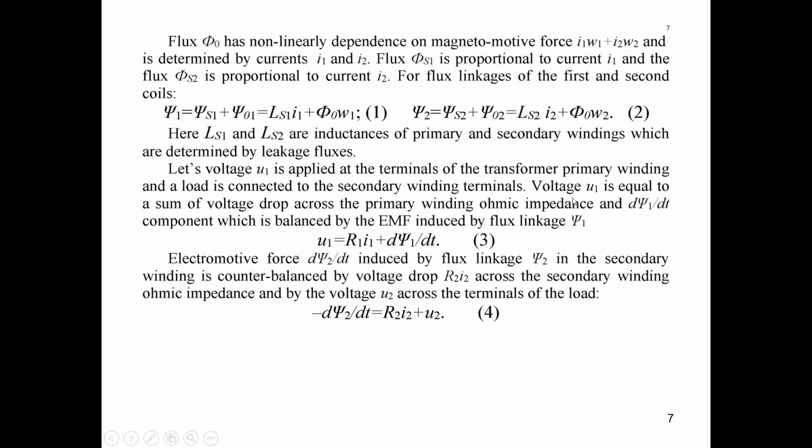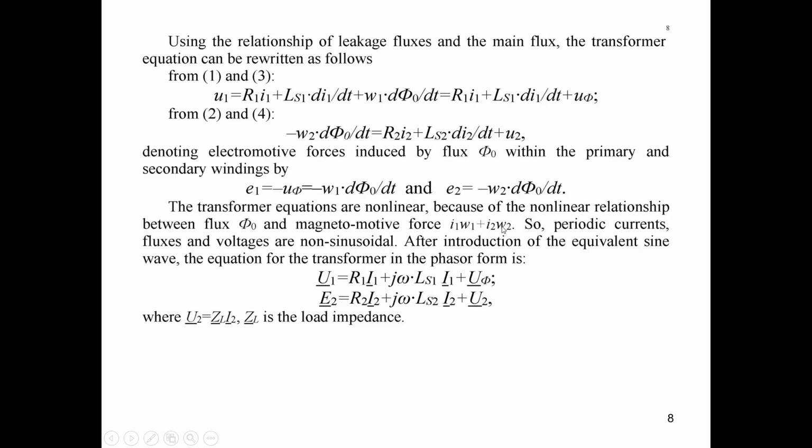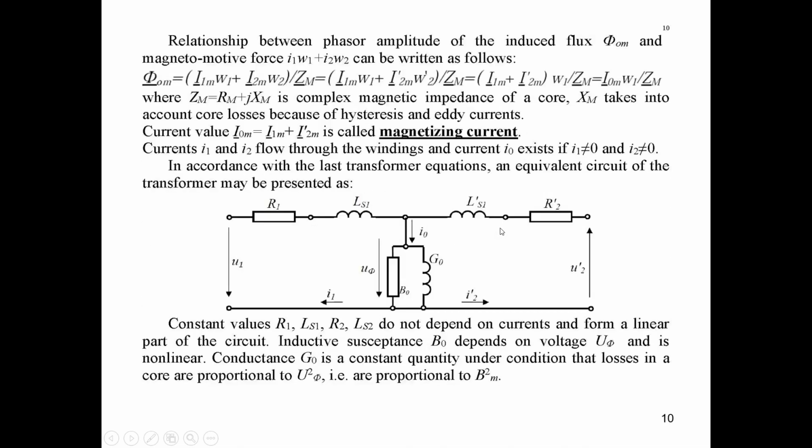You see, if we introduce some hysteresis, in such a case we have some losses here, and such losses may be taken into account. So we take here active losses due to hysteresis and magnetic losses due to hysteresis.